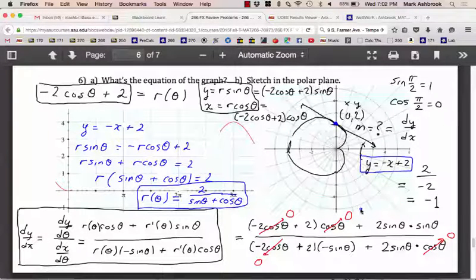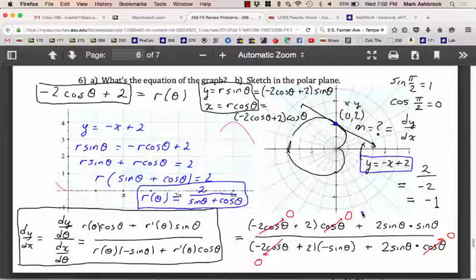Okay, we got to do area now. Oh, so then if you wanted to find the points where you got a vertical tangent, what derivative would you look at? You want a vertical tangent to the curve. What derivative would you look at, and what would you do? dx over d theta.